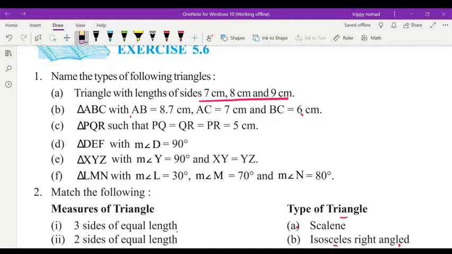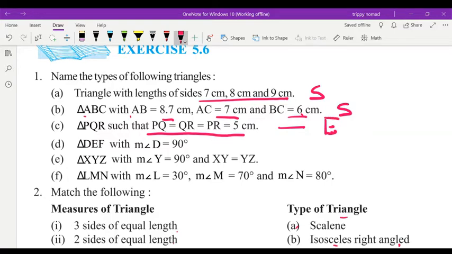Okay, scalene. If triangle ABC, you have seen that all the sides of triangle ABC are different, so that is also scalene. Then in C you have seen all sides are equal, then it will be an equilateral triangle.